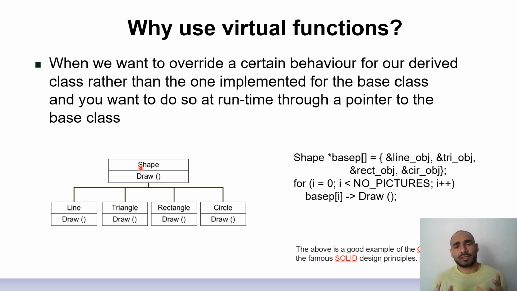And imagine this program is part of a graphics application where when you call, for example, the draw method on a line object, this draw method draws a line on the screen. Similarly, this triangle's draw method would draw a triangle on the screen. However, if somebody calls the draw method of a shape, we really do not know what to draw on the screen.